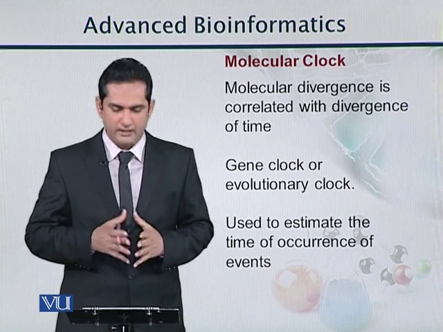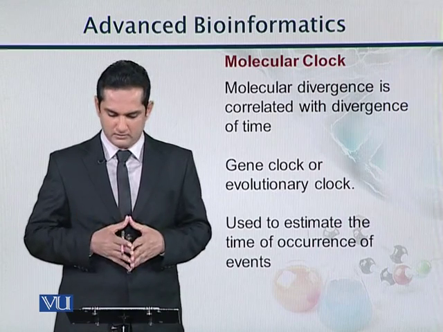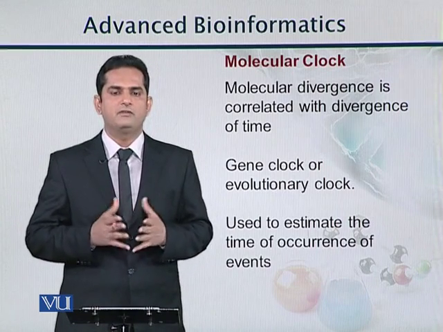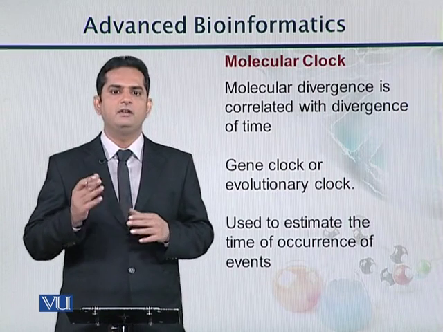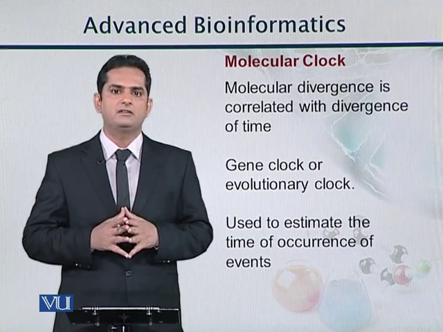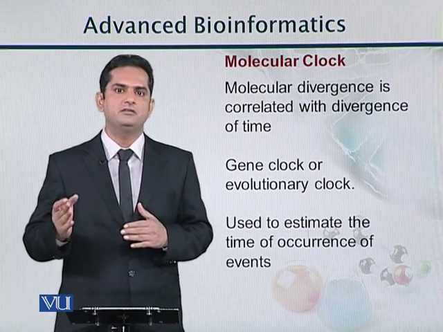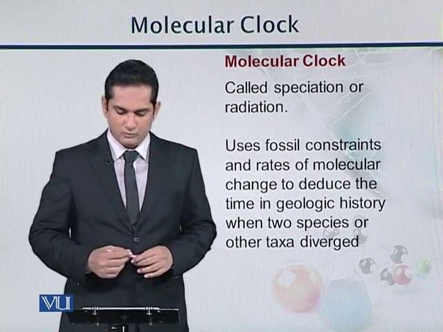This molecular clock has other names such as evolutionary clock, gene clock, and species clock. How is it used and why is it used? Basically, it gives us information about the occurrence of different speciation events or radiation events. Those events are related to when one species converts into another species.